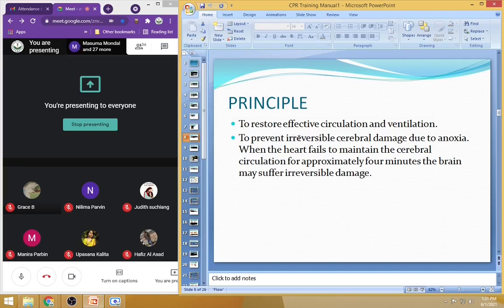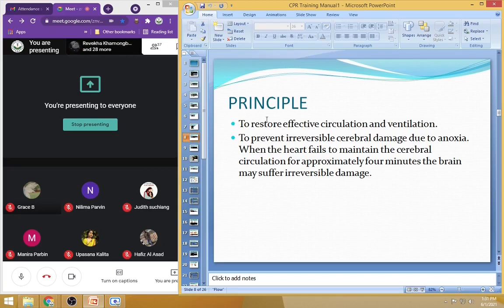When the heart fails to maintain cerebral circulation for approximately 4 minutes, the brain may suffer irreversible damage. So to prevent this irreversible damage, we need to take prompt action, that is, restore effective circulation and ventilation before the medical aid arrives.